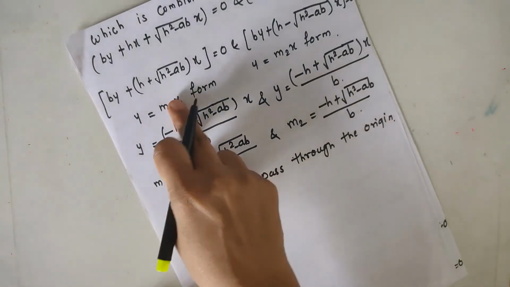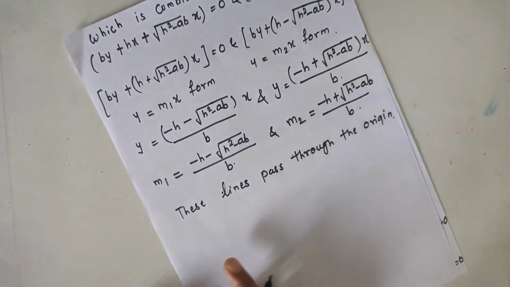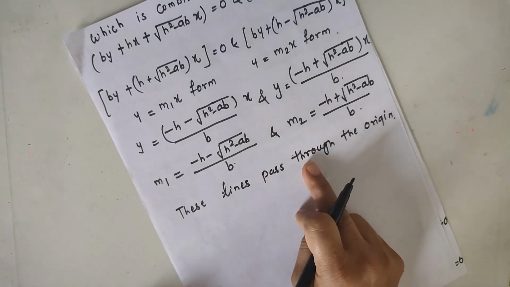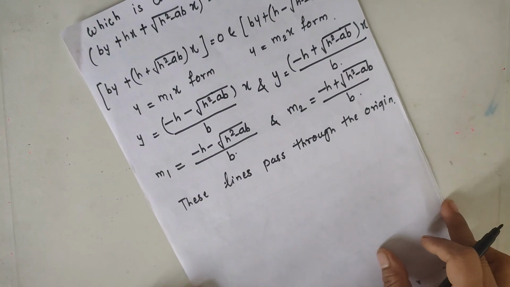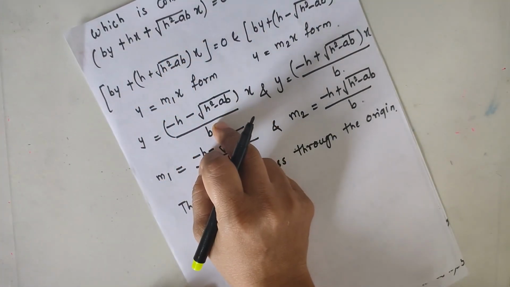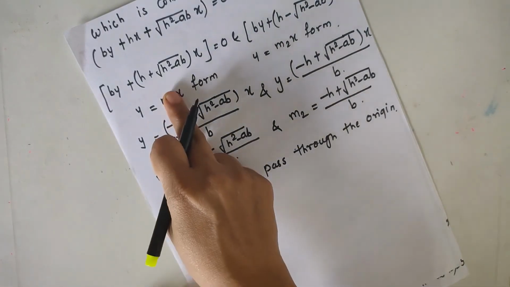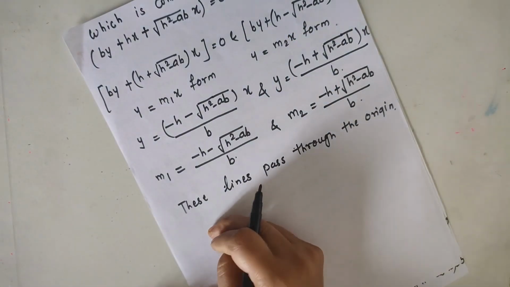Because there is no constant term in y is equal to m1 into x, these lines are passing through the origin. So we can say that every homogeneous equation ax square plus 2hxy plus by square represents a combined equation of two lines passing through the origin.